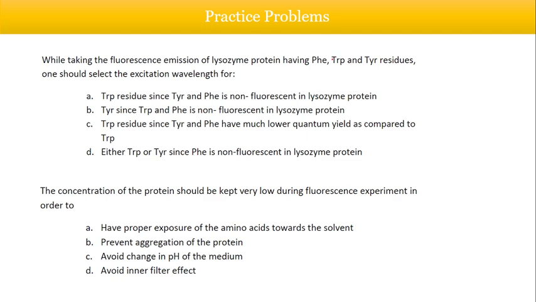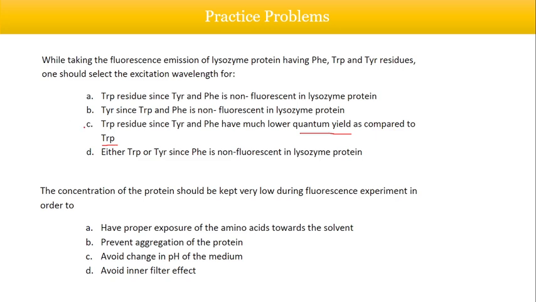So we should always be targeting the tryptophan residue, because tyrosine and phenylalanine have much lower quantum yield compared to tryptophan, and at the same time tryptophan has higher absorptivity and higher lifetime compared to the other two amino acids.